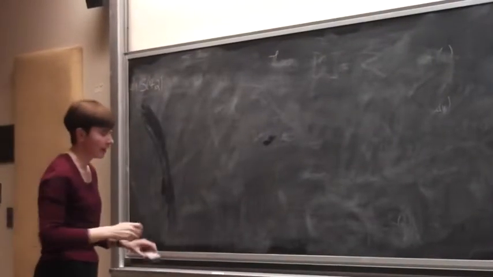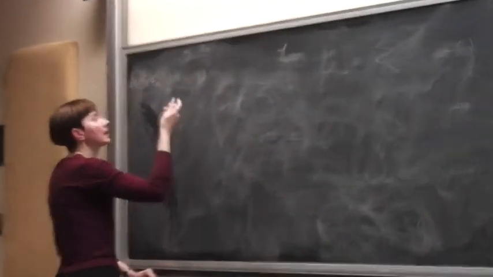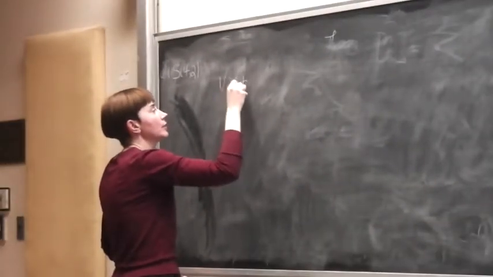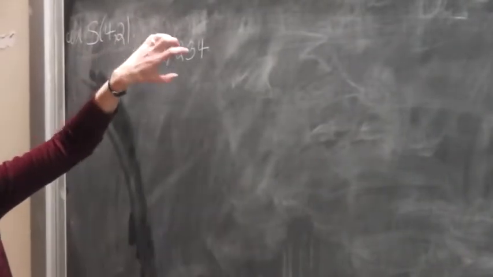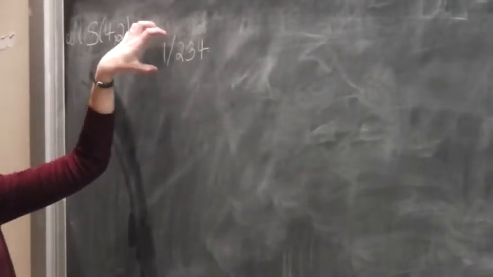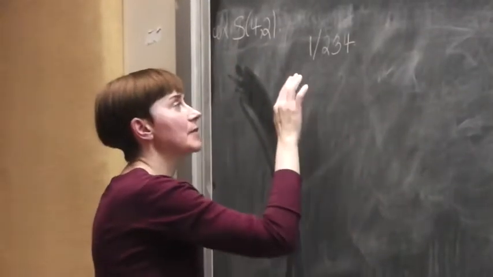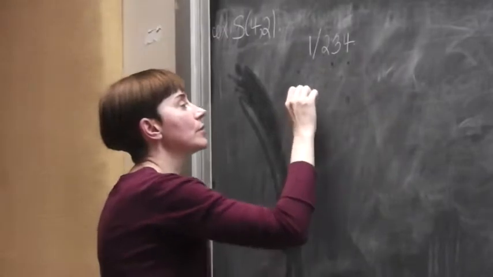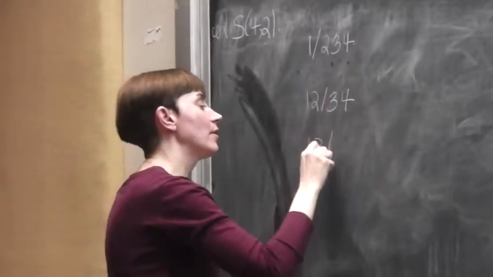Elements 1 through 4 into 2 blocks. I can have 1 as a singleton block, and then 2, 3, 4 is the other block. Notice the minimal element in this block is 1, the minimal element in this block is 2, so that's why I'm writing the order this way. That's important. So this is block sizes 1 and 3. Then I can have block sizes 2 and 2: 1, 2 with 3, 4 in a block; 1, 3 with 2, 4; 1, 4 with 2, 3.